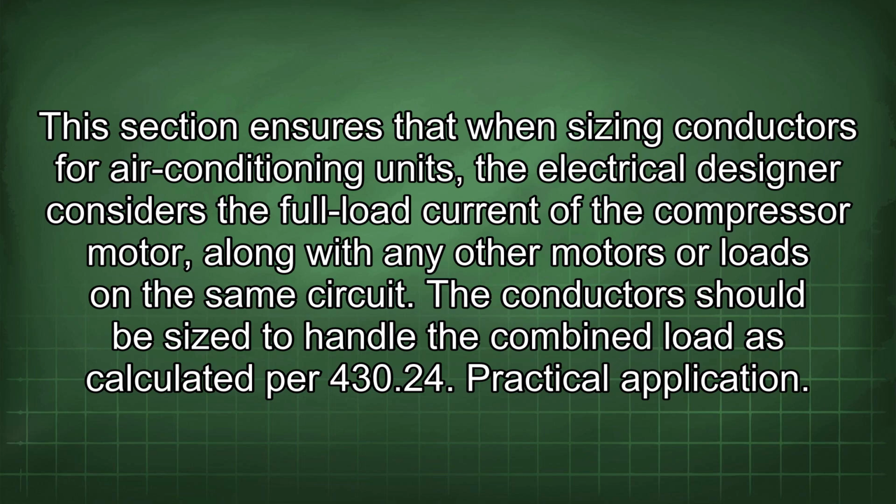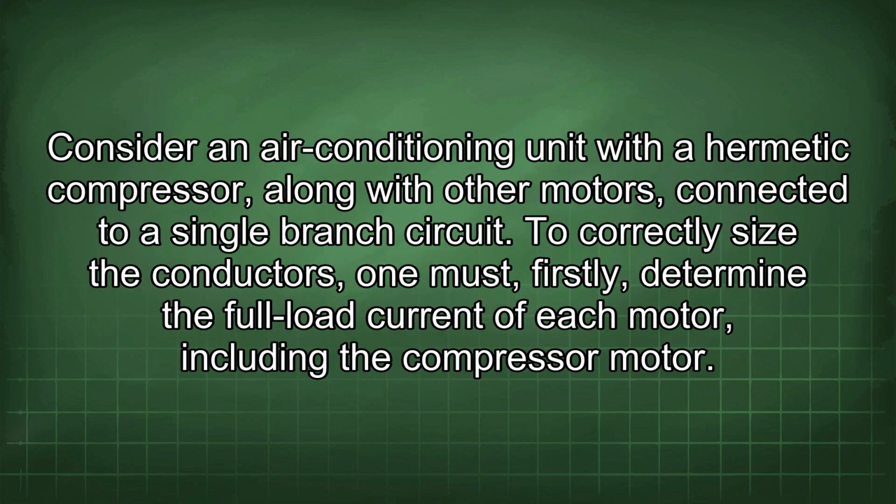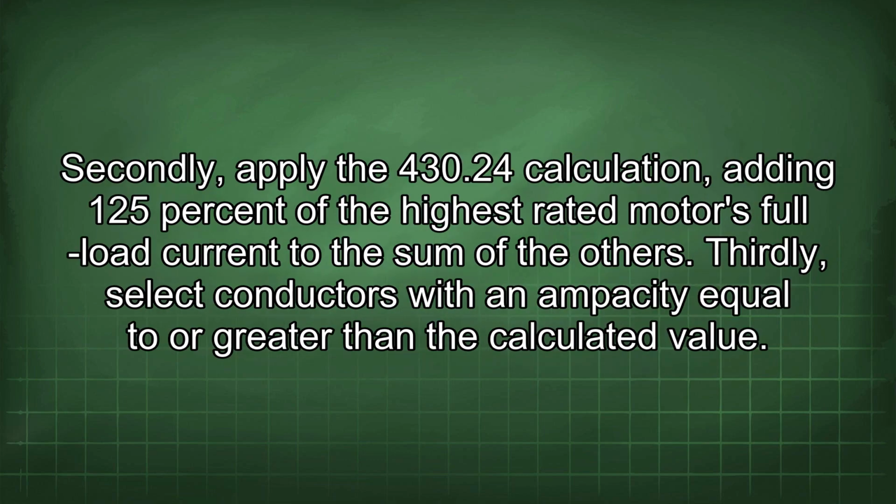Practical application. Consider an air conditioning unit with a hermetic compressor along with other motors connected to a single branch circuit. To correctly size the conductors, one must, firstly, determine the full load current of each motor, including the compressor motor. Secondly, apply the 430.24 calculation, adding 125% of the highest rated motor's full load current to the sum of the others.